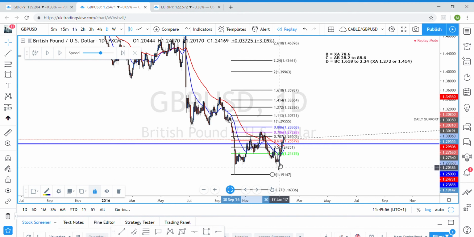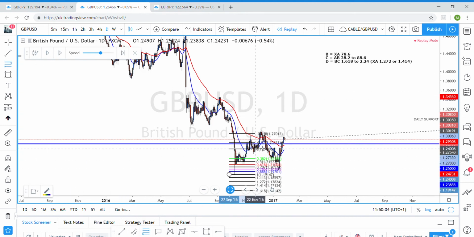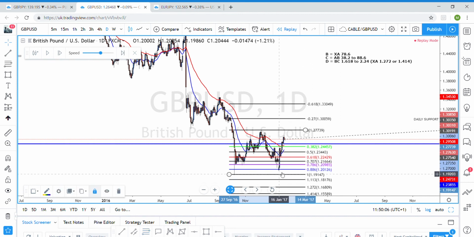So to me, that's suggesting we're going to see a butterfly pattern. Okay, but you still need to test the other Fibonacci's. So you've got 78.6, you fib from here to there, you've got 88.6 touch, which is in line with these coordinates here. So now you do your projection.